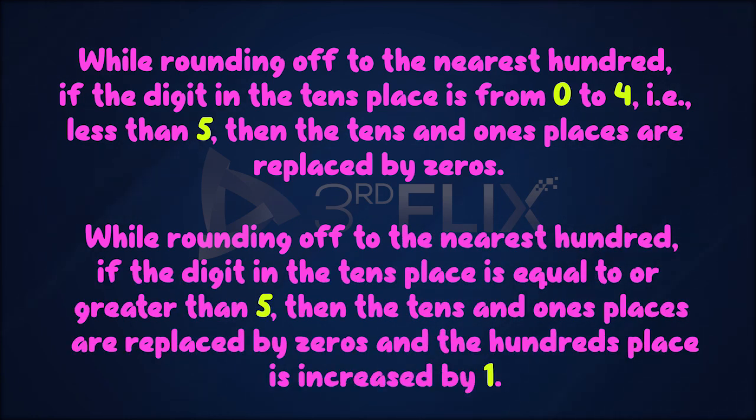If the digit in the tens place is equal to or greater than 5, then the tens and ones places are replaced by zeros and the hundreds place is increased by 1.